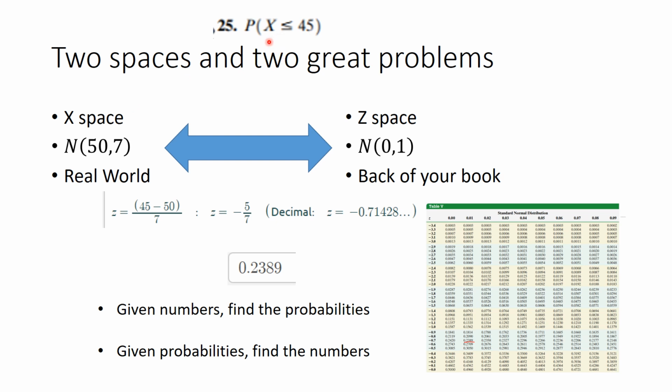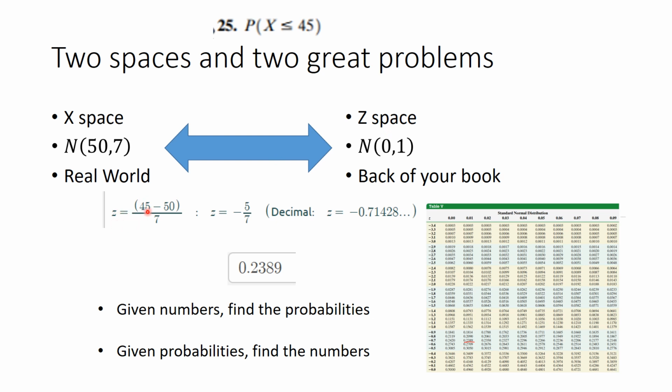Problem number 25 says you want to find the probability that x is less than or equal to 45. Well, that's x, so that's over here in x space. This is a normal, mean of 50, and standard deviation of 7, and x is equal to 45. This is the real world. Now, we have a table for z space, so we have to change this x value of 45 into a z value, and the way we do that is the formula.